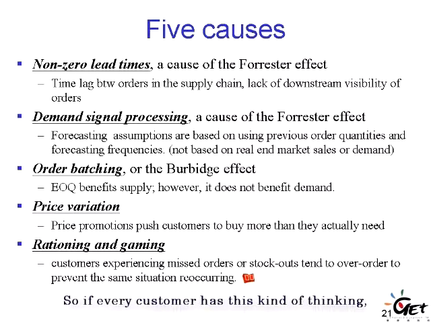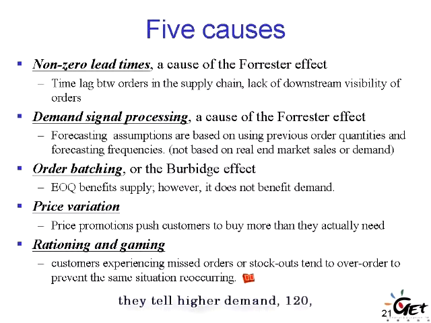Right? So if every customer has this kind of thinking, then everyone just tells the supplier the wrong message. And they don't tell the supplier the true situation. Okay? They tell higher demand. So I need 120, but actually maybe he needs just maybe 100 or less than 100.